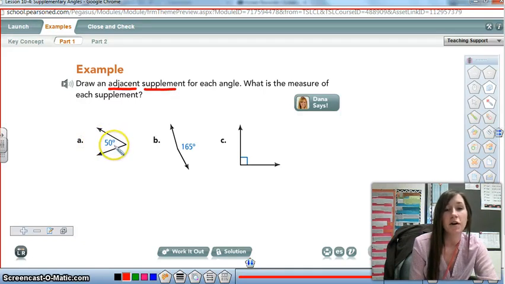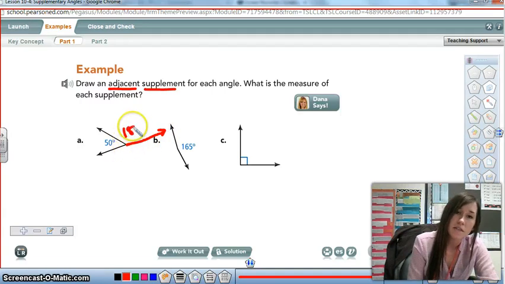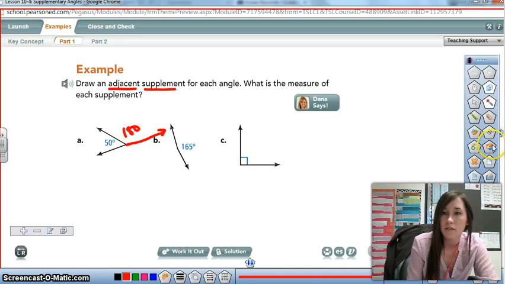So we would need an angle of 130 degrees. But we want to draw it adjacent, so we want to draw it right side by side here. So if I draw straight out, because I know that 180 degrees is going to make that straight angle, I can say that this part here is 130 degrees. With my 50 degrees makes 180 degrees altogether, and together it makes this straight angle.